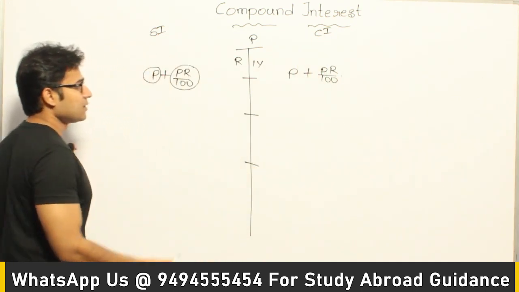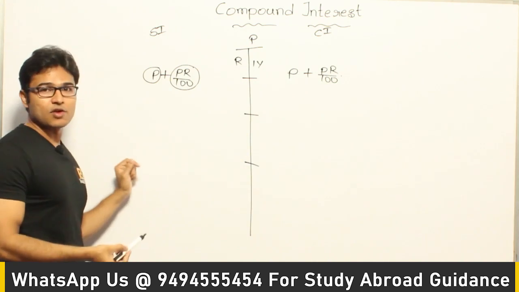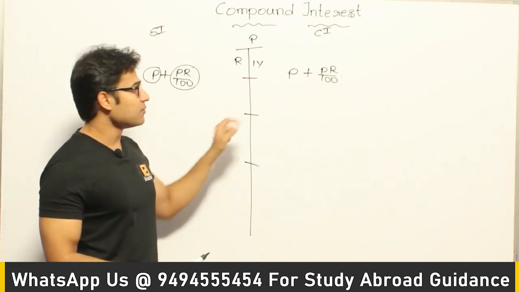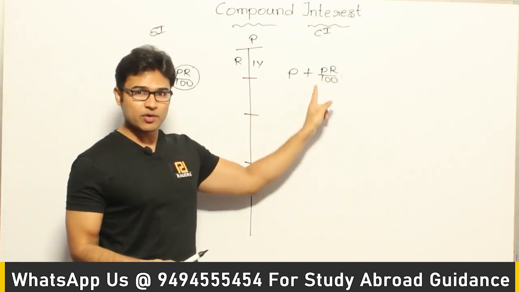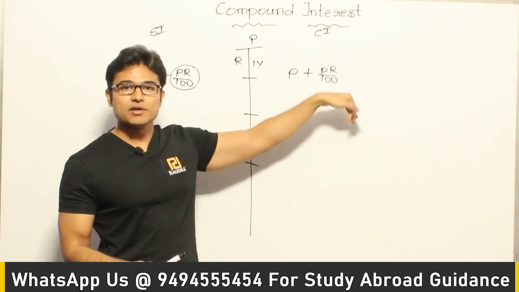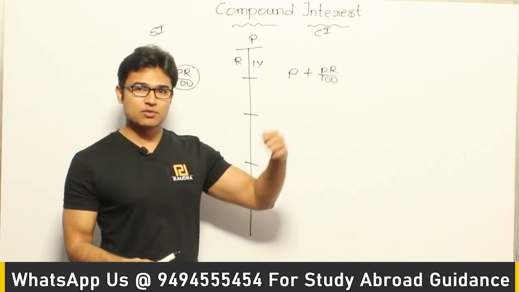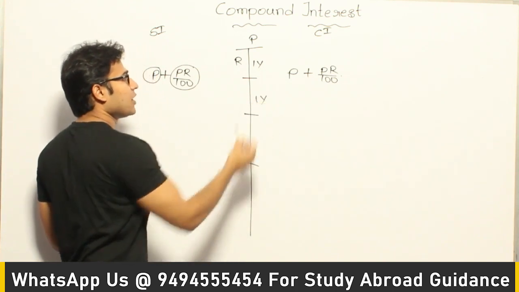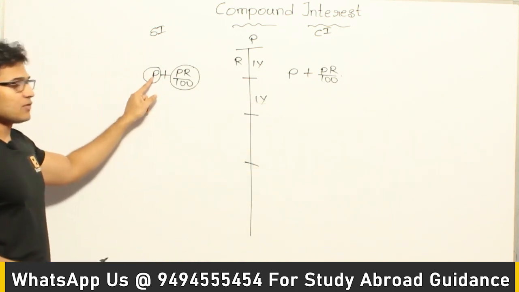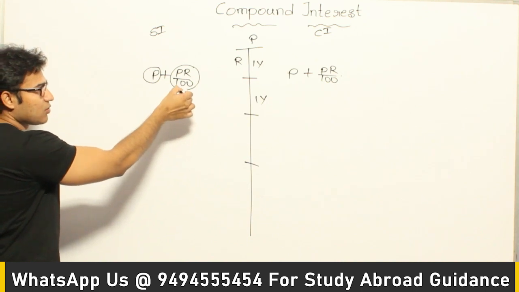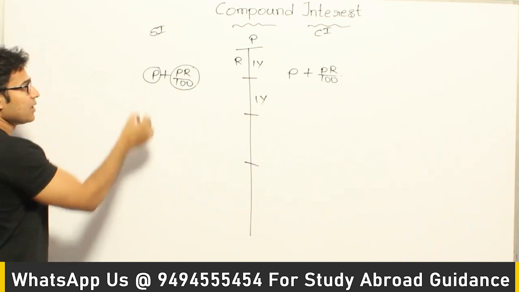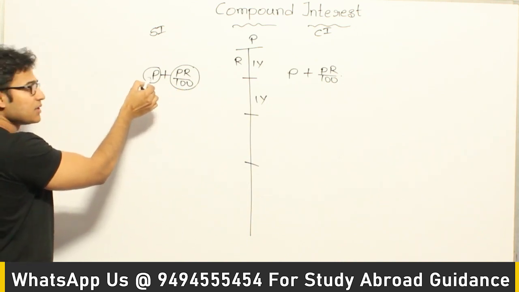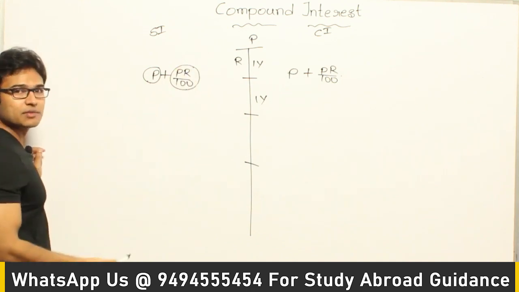Now let us assume that the interest is compounded annually. Compounded annually means whatever interest you get over a period of 1 year, you are going to let it grow for the next time, which means it is going to start growing from this point onwards. Now after 1 year, what happens? Now see this, after 1 year, this amount is not going to grow. Only this principal amount is going to grow in case of simple interest.